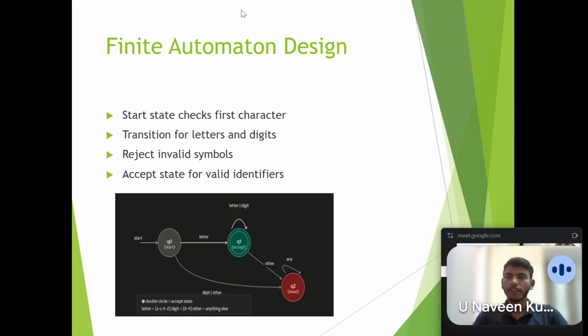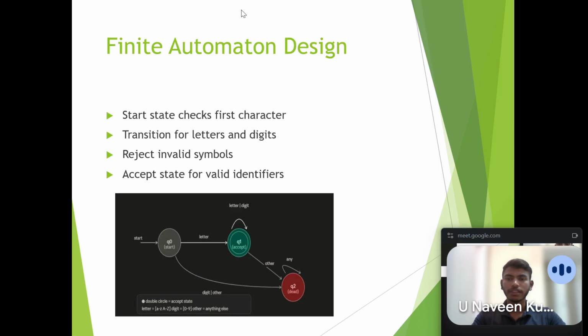Next slide, we have the finite automata design. In the start state, it verifies whether the first character is a letter or not. Then it moves through transitions for letters and digits, and the automata moves between states as long as valid characters are found.